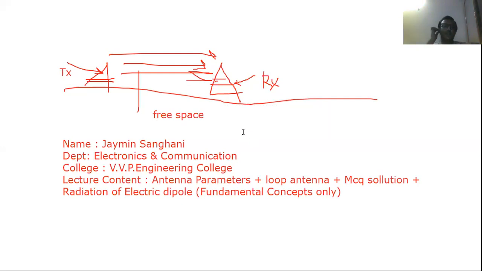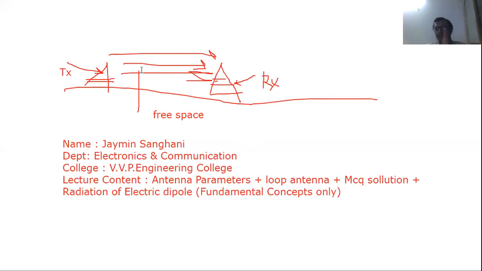Free space means what? What is the impedance of free space according to electromagnetics? It is 377 ohm. So the transmitting antenna impedance is 377 ohm. If matched with free space, then power is transferred from transmitter to receiver, and the receiver is also able to receive the power if impedance is 377 ohm.